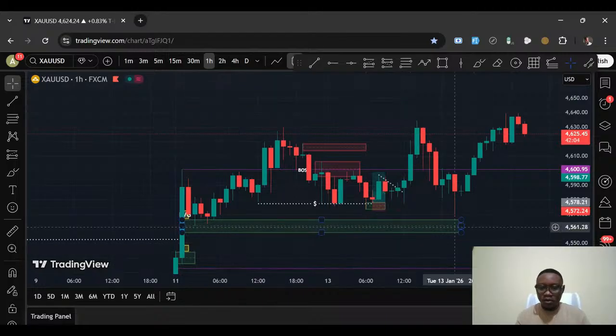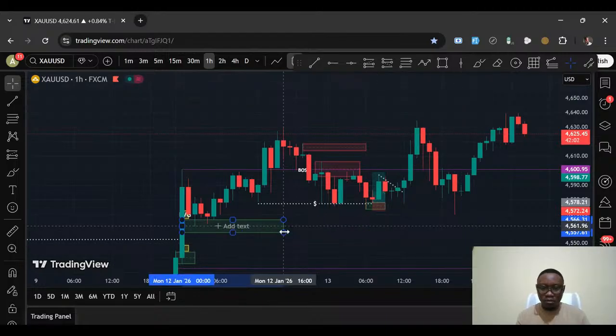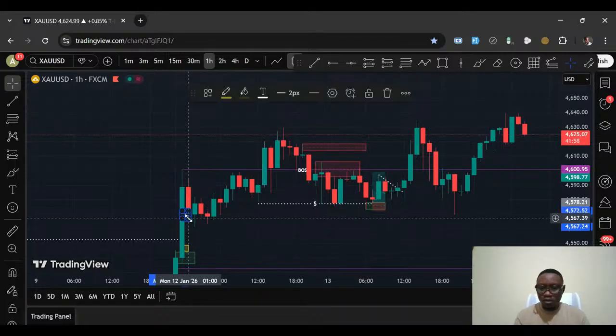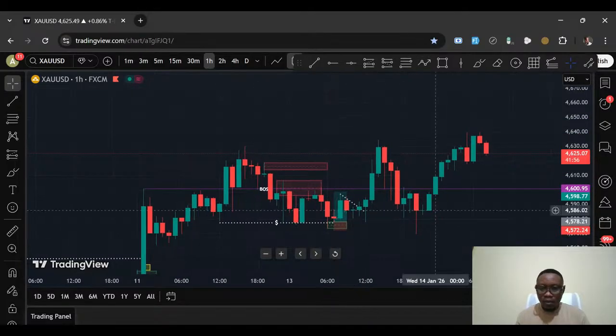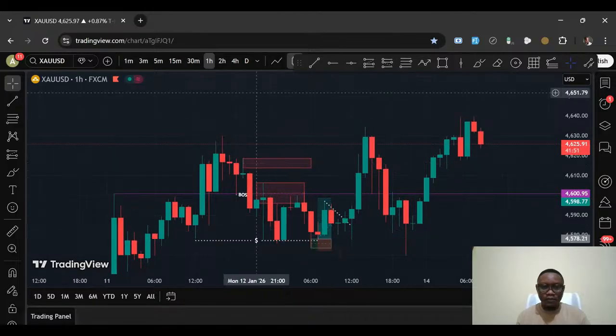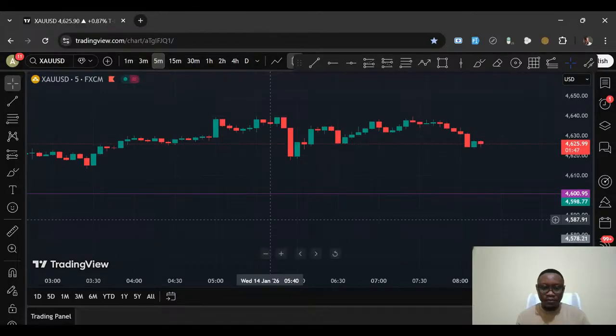So we have all these. This has been mitigated. Take it out. Let's look at this zone I traded yesterday. Let's drill down to the 5 minutes time frame.